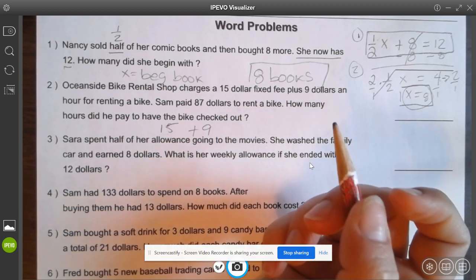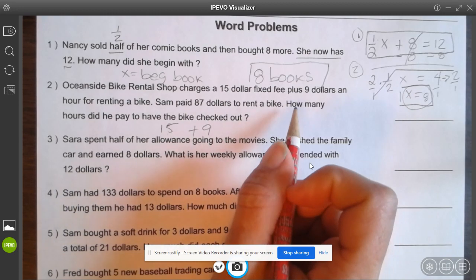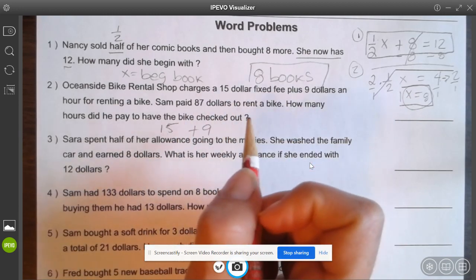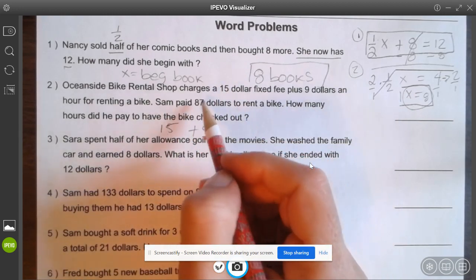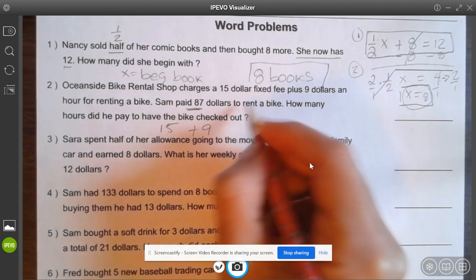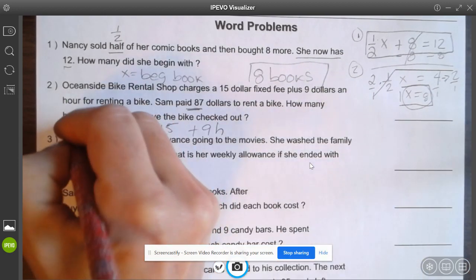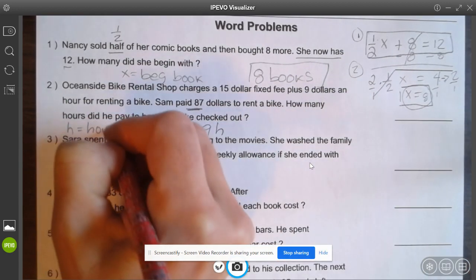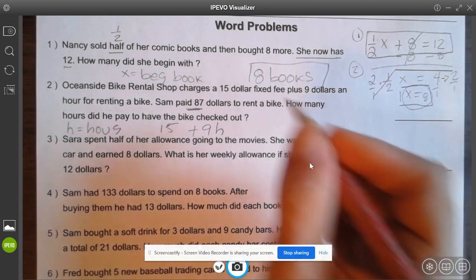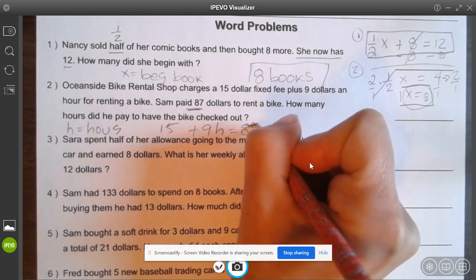We don't know how many hours it's gonna be used, because the question asks how many hours did he pay. Now he paid $87 at the end, so there was a total. So let's use H as hours, and then equals how much he paid at the end, which is $87.